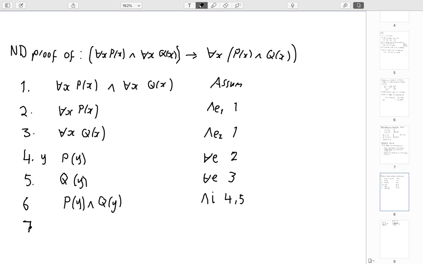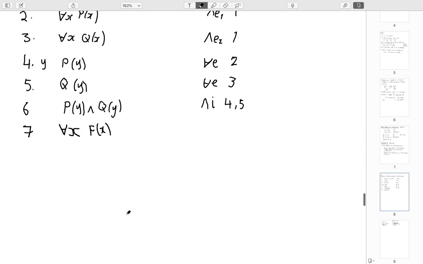So here, line 7, we can now conclude by universal introduction, for all introduction, that for all x, px and qx.